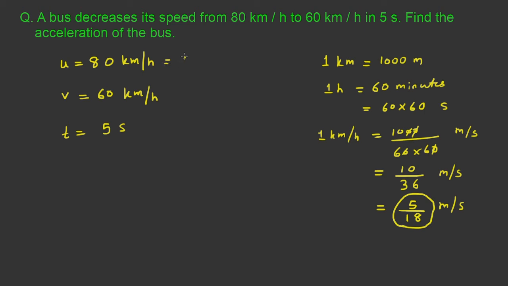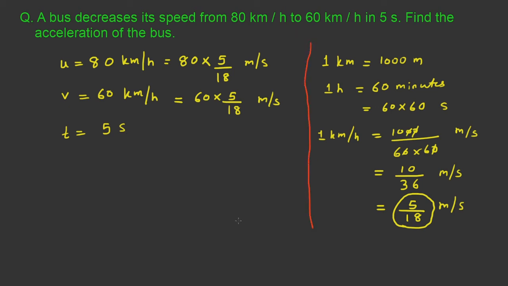So in this case, I am going to multiply with 5 by 18. Here it is 80 kilometer per hour. So I multiply 80 with 5 by 18 to convert it into meter per second. So the initial velocity is 80 into 5 by 18 and the final velocity is 60 into 5 by 18 meter per second. And the time is 5 seconds.